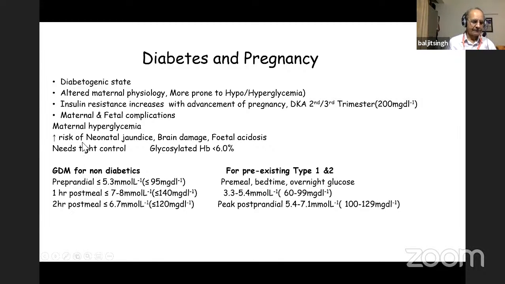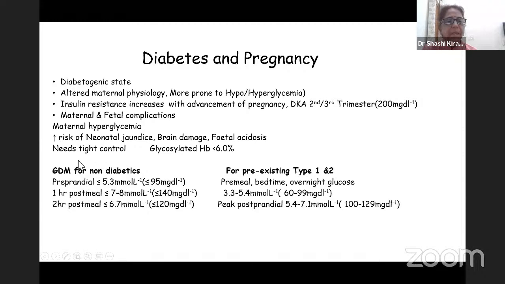Hypoglycemia can lead to risk of neonatal jaundice, brain damage, and fetal acidosis. So tight control is needed. This is the management for gestational diabetes mellitus in non-diabetic patients, and this is the management for pre-existing type 1 and type 2 diabetic parturients.